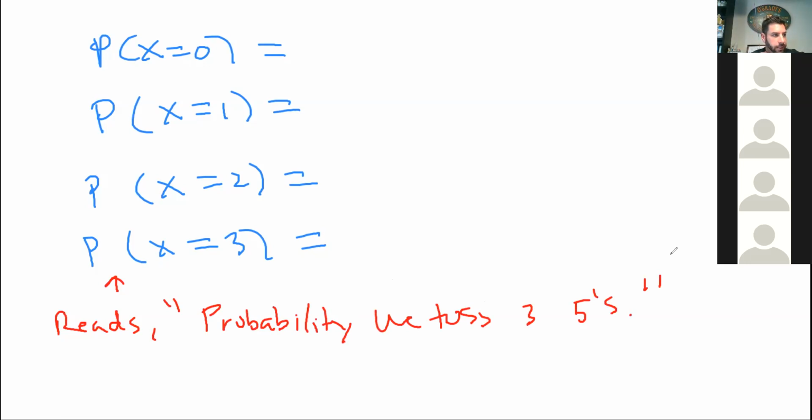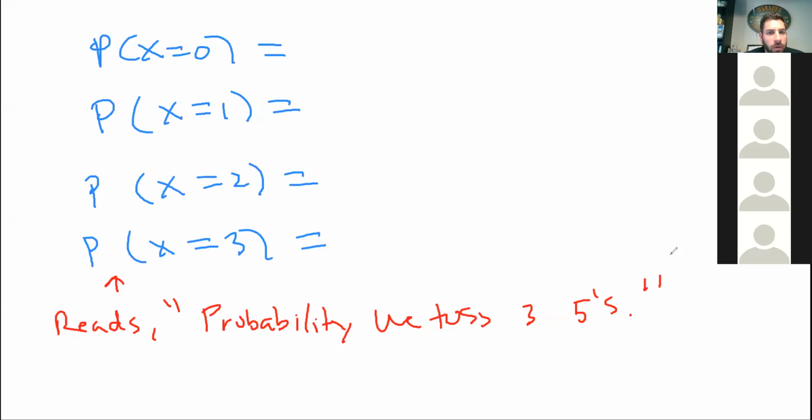And then the one where it's x equals 2, that's the probability you toss 2 5s, etc. Need some water. No rock star today. Oh, don't worry, Liam. It's here, bro. Look, why would I leave home without it?